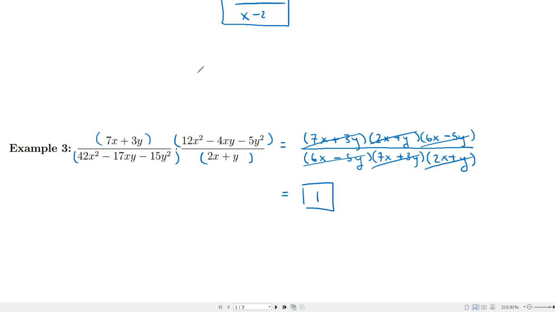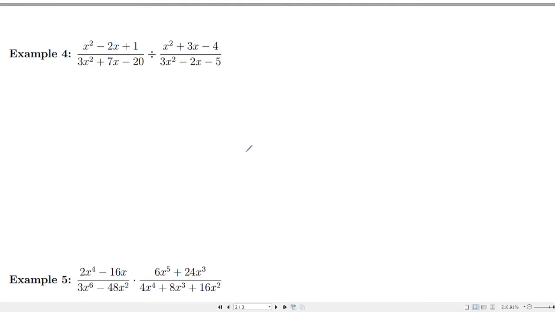Continuing on, looking at this, now we're going to do division. Okay, so when you divide, the trick is to convert this to multiplication by multiplying by the reciprocal.